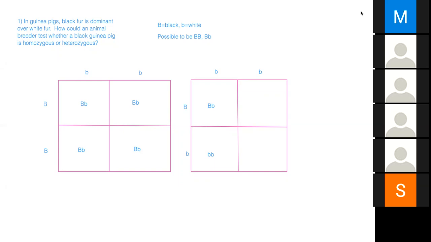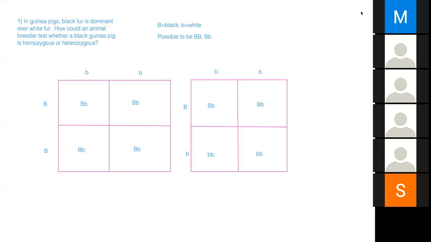Big B, little b. And in the bottom right corner, as we heard, little b, little b. So what are the offspring going to look like in this second case? It's 50%.